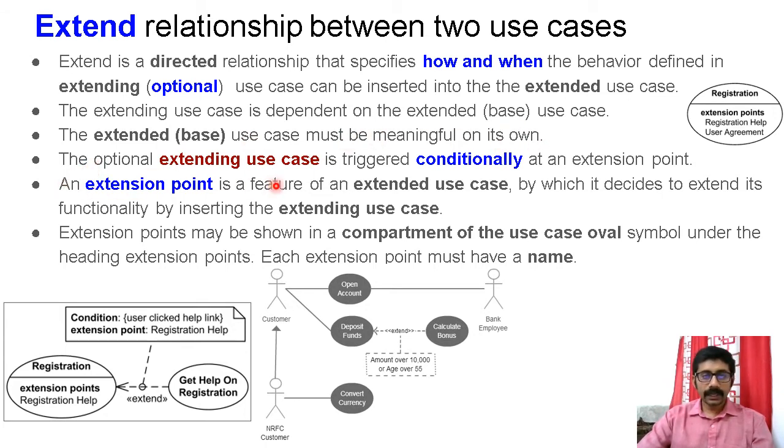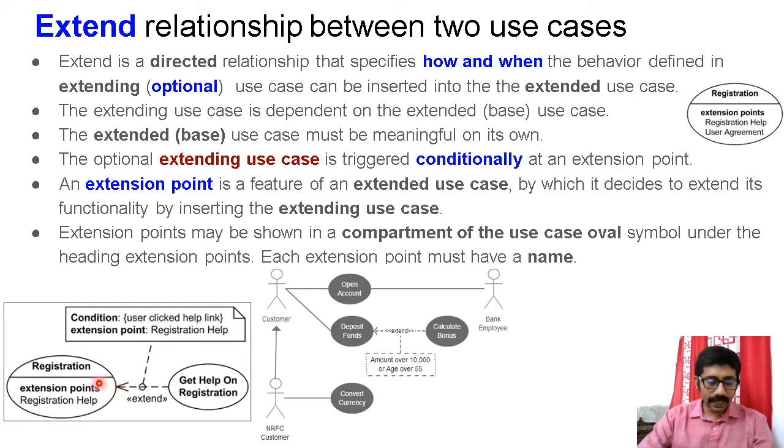The optional extending use case is triggered conditionally at the extension point. An extension point is a feature of an extended use case by which it decides to extend its functionality by inserting the extending use case. The extension point may be shown in a compartment of the use case oval symbol under the heading extension point. Each extension point must have a name.